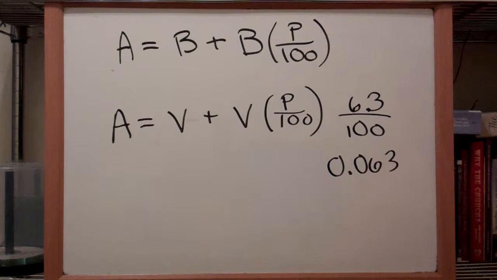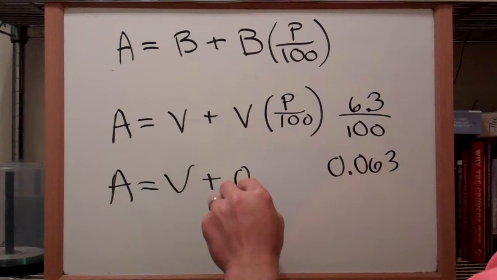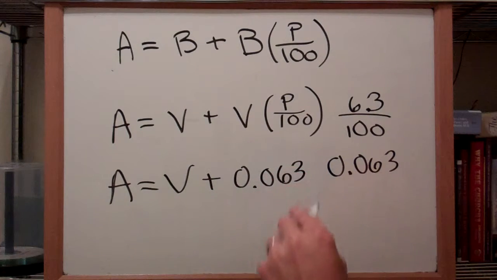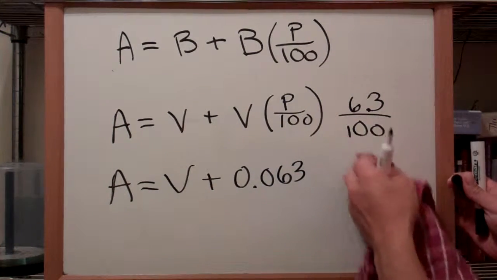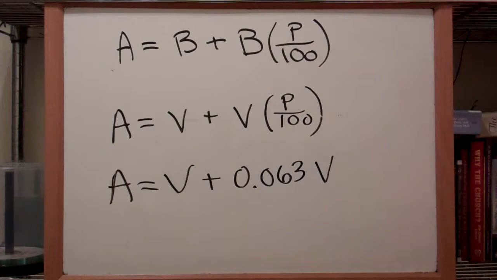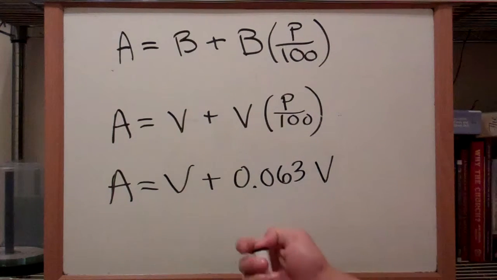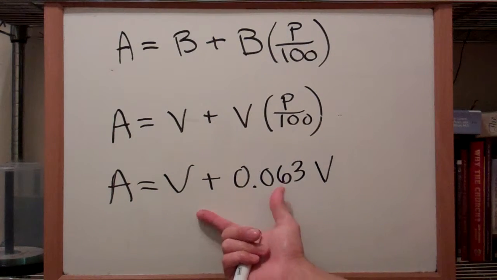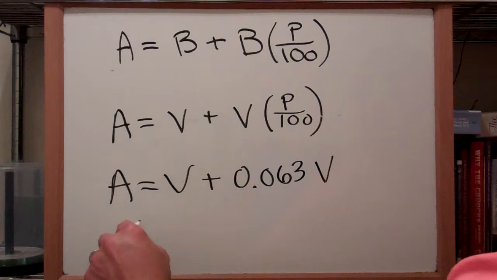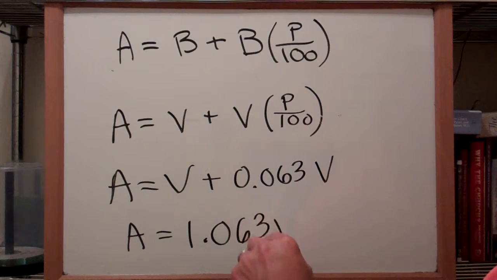So we can rewrite this expression as A equals V plus 0.063 times V. In part A, this is the kind of expression you would want to write. You could also simplify this further. If we combine the like terms between the V's, we could say that A is equal to 1.063 V.